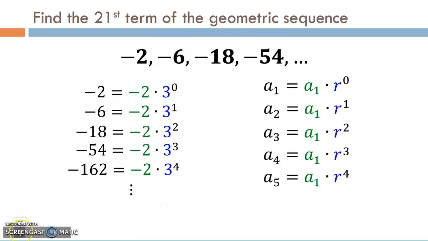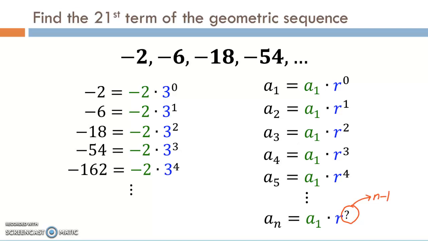Now, as we continue on, we can make this equation for the nth term, no matter what the term is. We're going to take our first term and multiply by r raised to what power? Now, what is this power that we're raising r to? It is n minus 1.